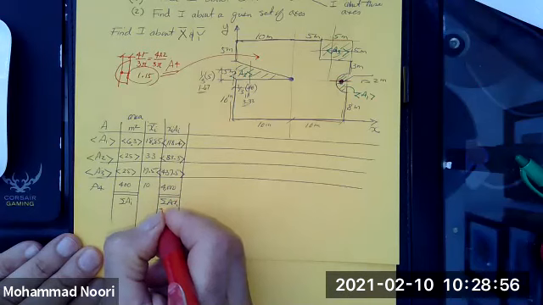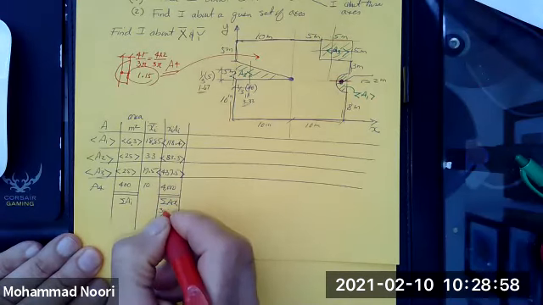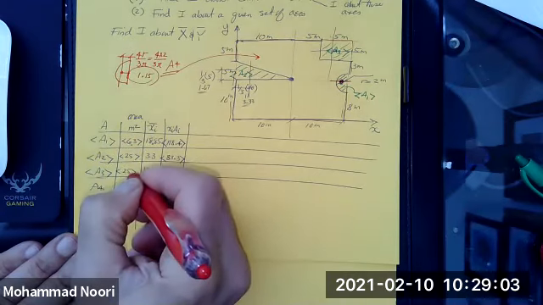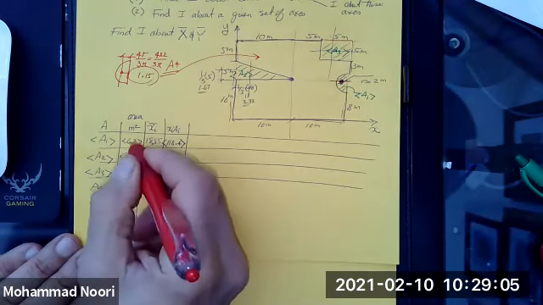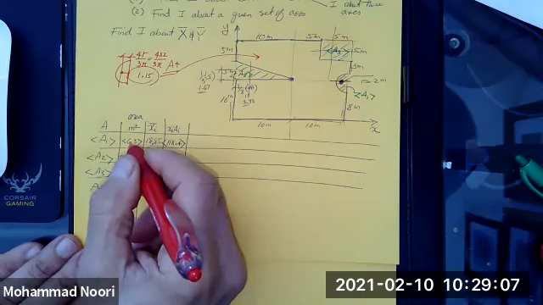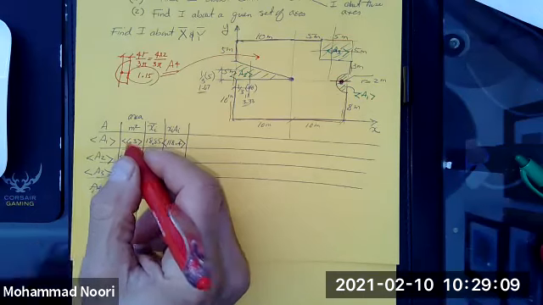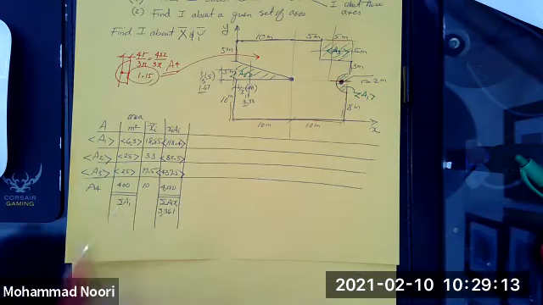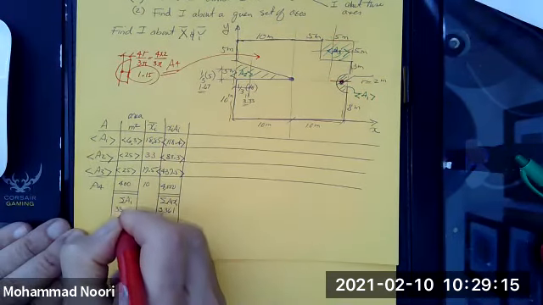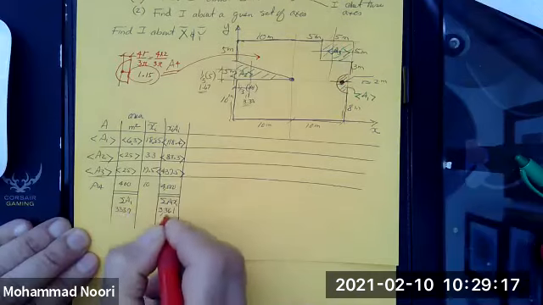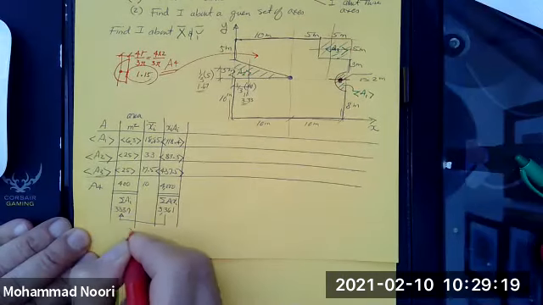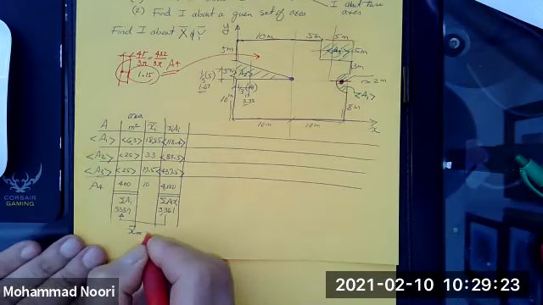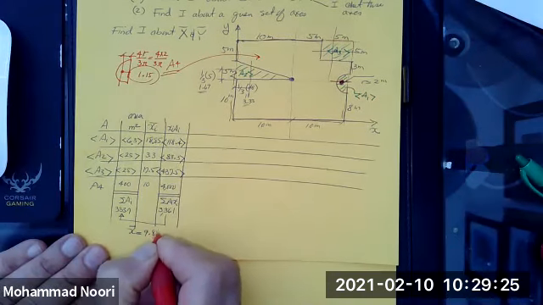This sum is 3,361. Divide this by that, you get x bar, which gives you 9.8 meters.